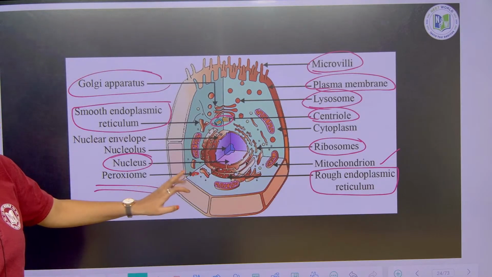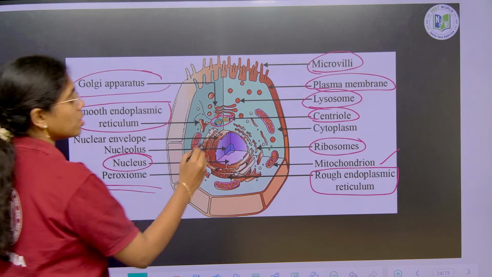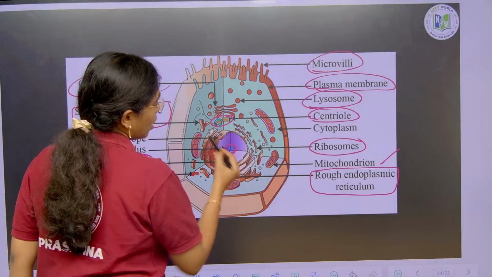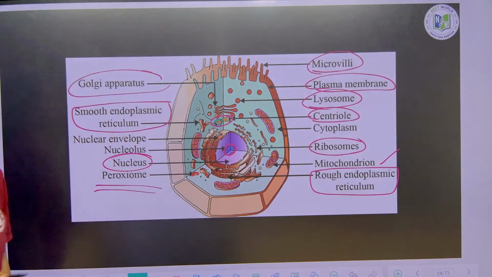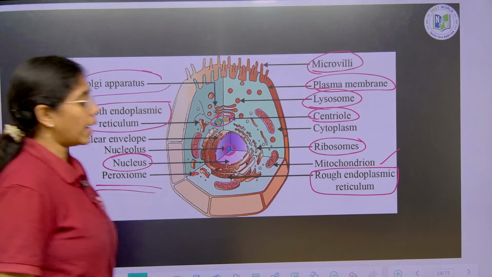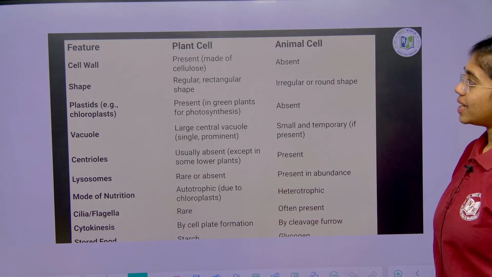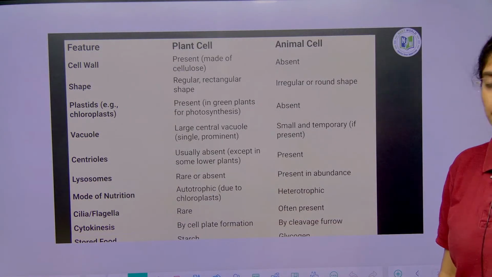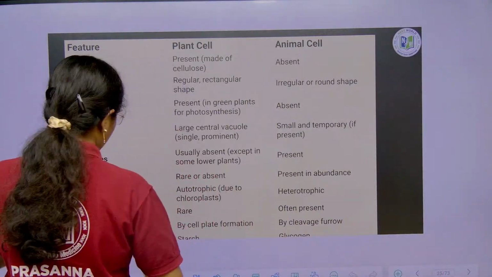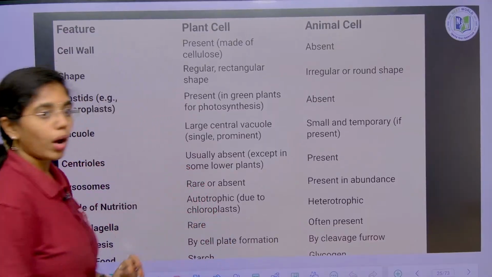See the labeling, just remember and register the labelings in your mind. And in nucleus, 2 labelings are given, nucleolus and nuclear envelope. Clear till here, right? Any doubts anywhere? So these are the basic differences between a plant cell and animal cell. We will look at the differences and then we will move on to the cell wall and cell membrane.